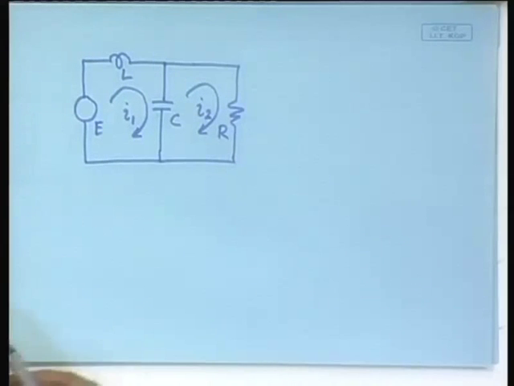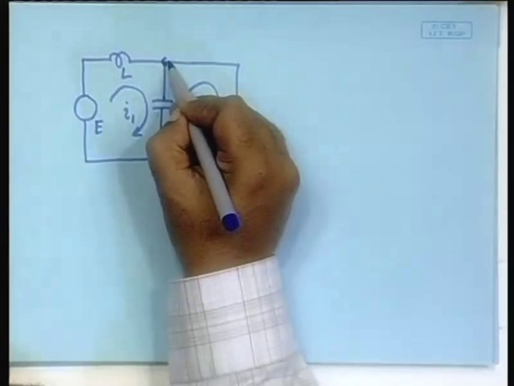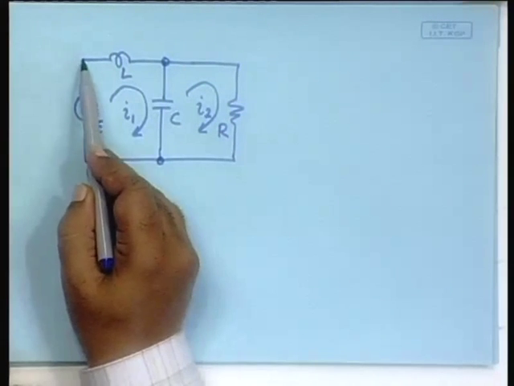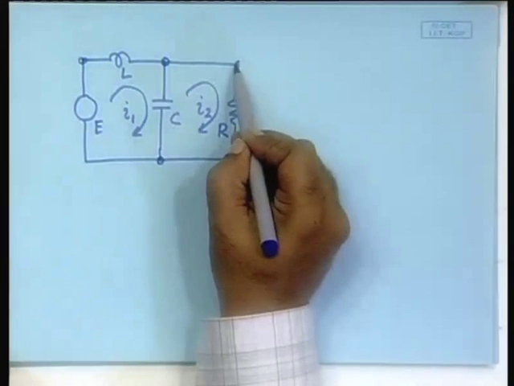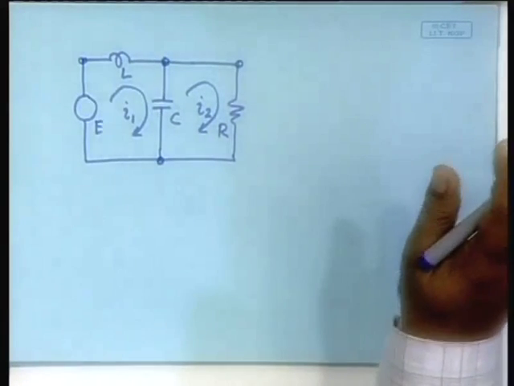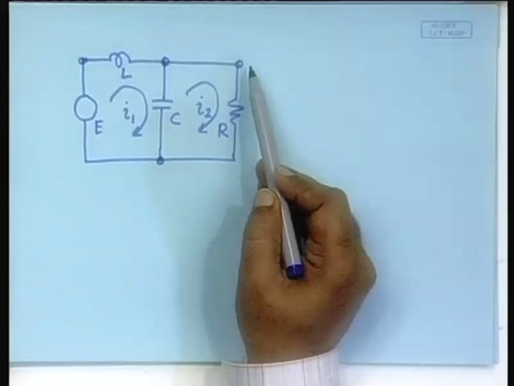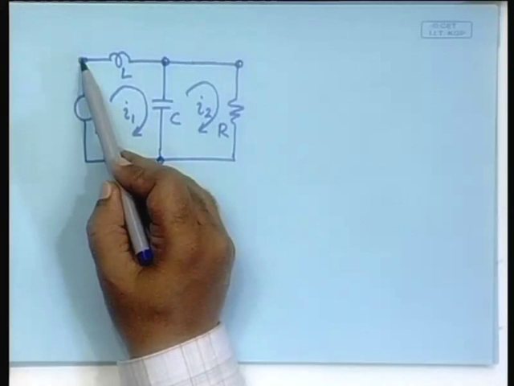Now, what are the nodes? Here is a node, here is a node, here is a node, here is a node. They could all logically be at different voltages, but this is trivial. Why?